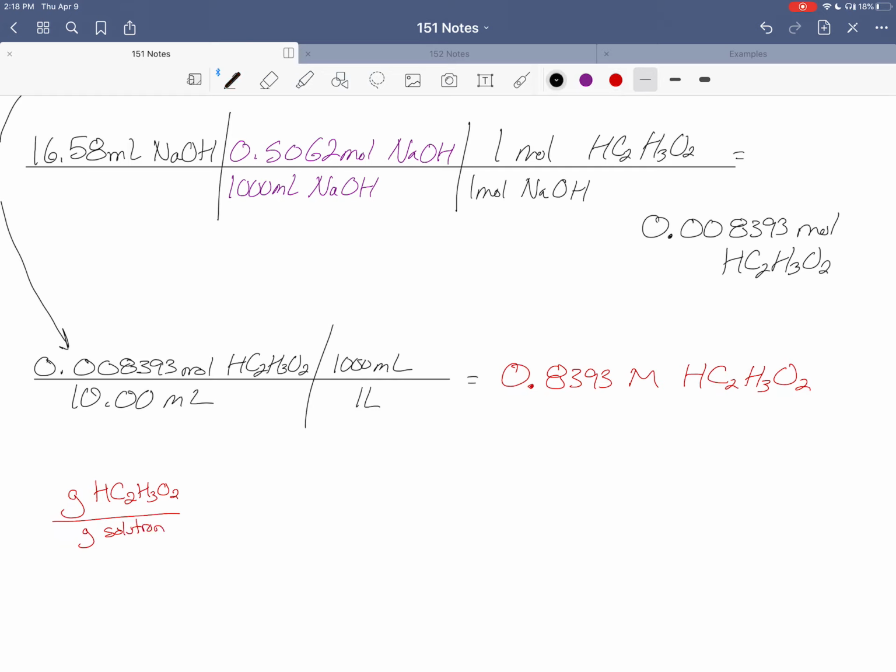I have molarity, 0.8393 moles of HC2H3O2 per 1 liter. And I have a density of 1.006 grams of solution per 1 milliliter of solution.